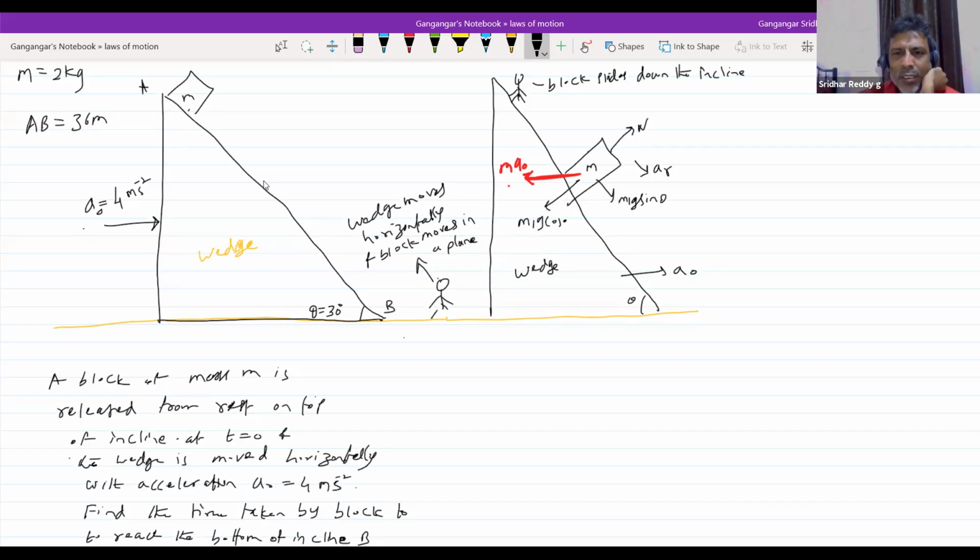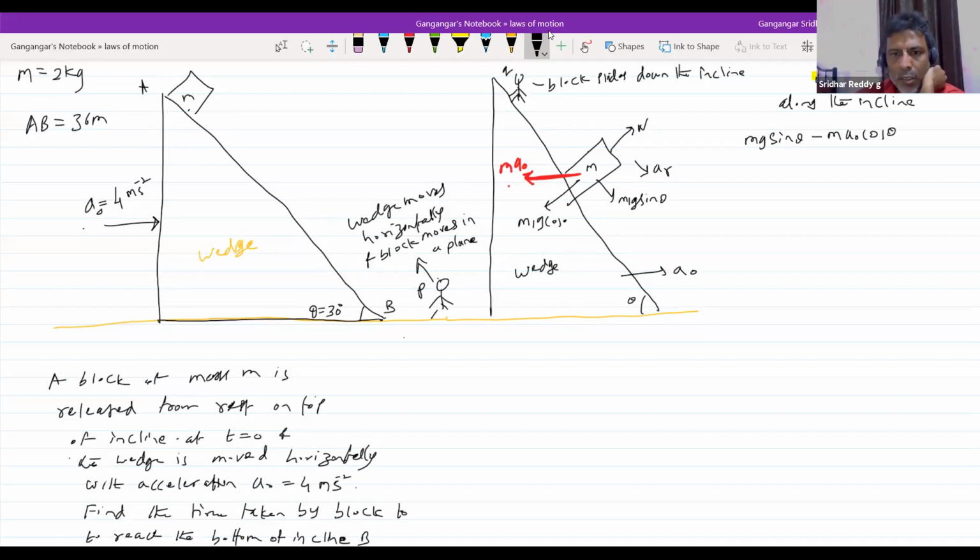So what are the forces that are acting along the incline? We'll calculate here, along the incline. Now we will write this equation for person P with respect to Q, along the incline. So what are the forces acting? mg sine theta minus ma naught cos theta, the component of the pseudo force.